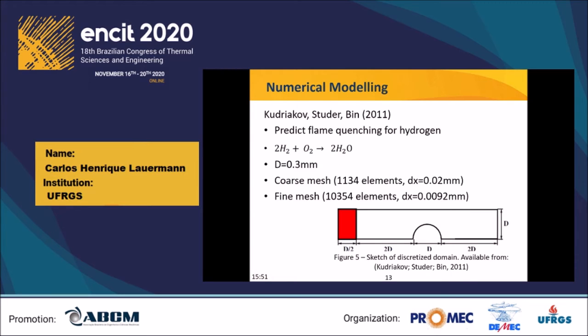And Kudryakov in 2011 studied hydrogen numerically, and he wanted to predict the flame quenching, and he employed the one-step reaction for hydrogen. He evaluated the effect of the mesh in his sketch, which is presented in figure 5.